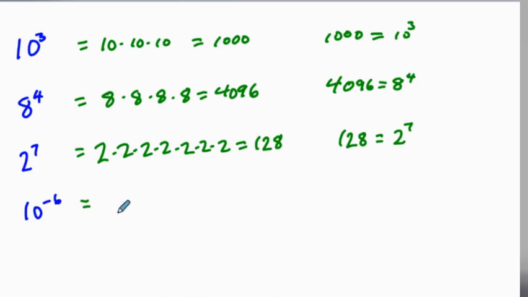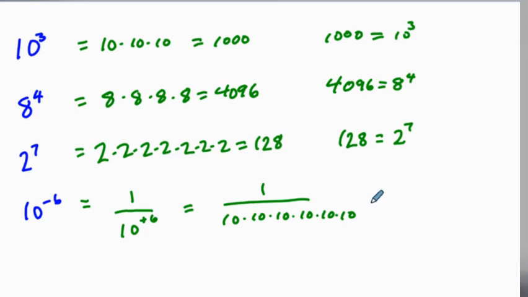What about 10 to the power of negative 6? Well, that's the same as saying 1 over 10 to the power of positive 6. And that's the same as saying 1 over 10 times 10 times 10, 6 times. 1, 2, 3, 4, 5, 6.